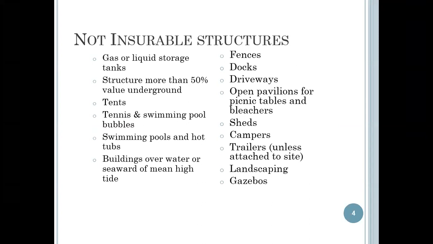We insure what is within the perimeter foundation of that structure. So we don't cover liquid gas or liquid storage tanks, propane tanks, structures that are more than 50% underground, swimming pools, hot tubs, fences, decks, driveways, landscaping. We don't insure those, what is outside the permanent foundation.